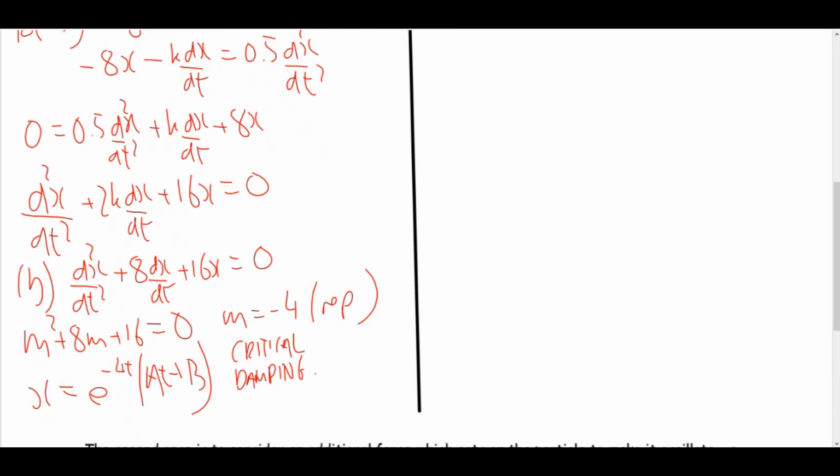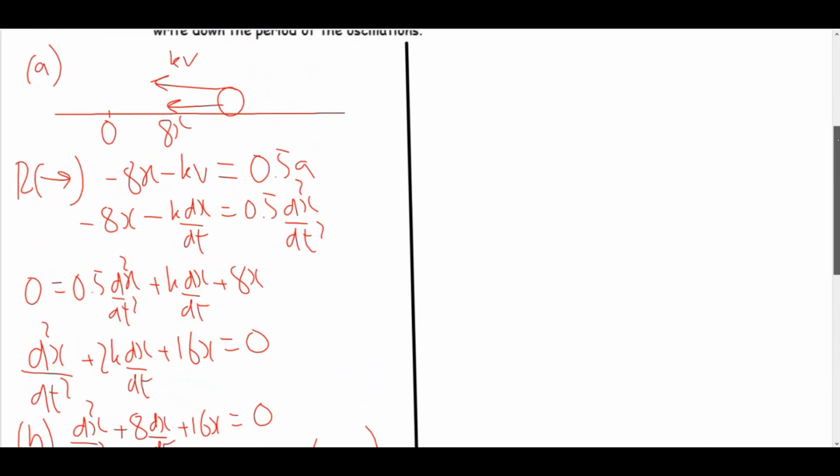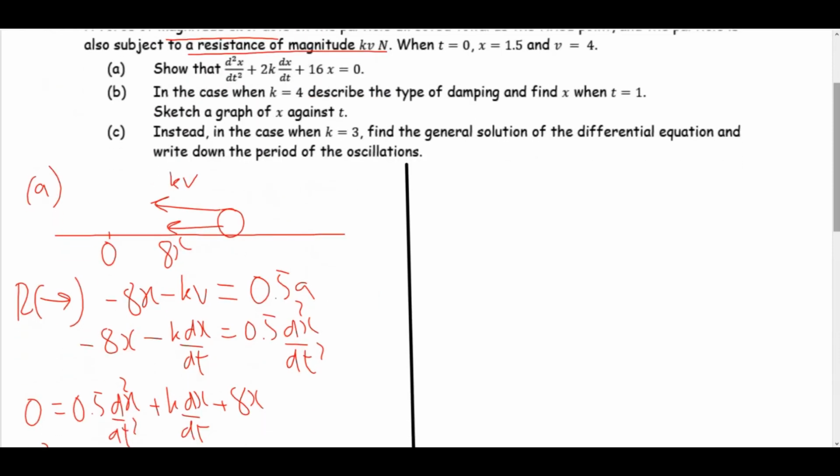Now, in order to work out what x is when t is 1, I'm going to need to work out the values of a and b. And to do that, I'm going to substitute the initial values of x and v into my differential equation. So I know that when t is 0, x is 1.5.